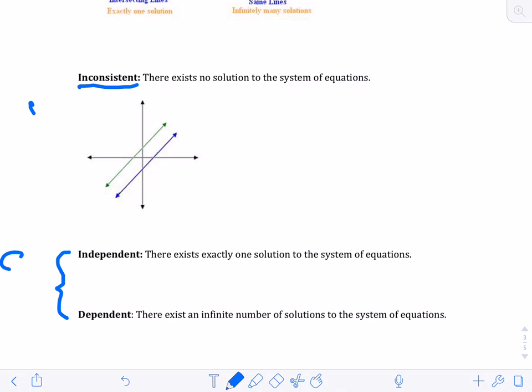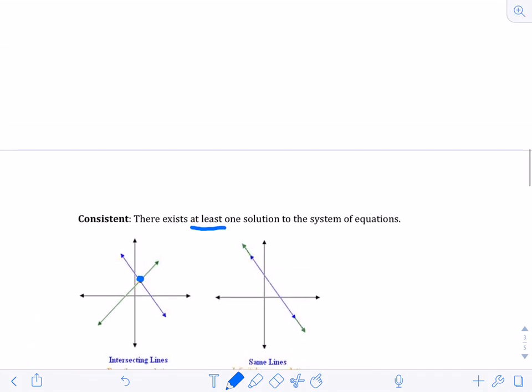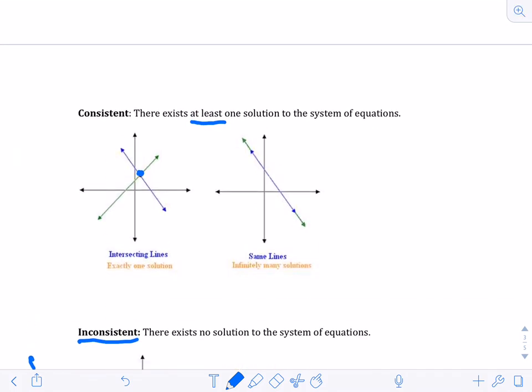But remember, first, it needs to be consistent. So independent, there exists exactly one solution to the system of equations. Going back to our picture here, we've got that point of intersection. That's exactly one solution. This is independent.